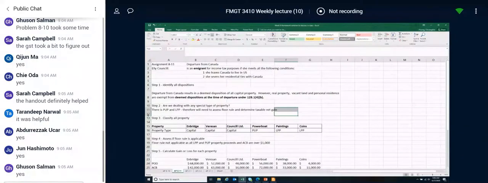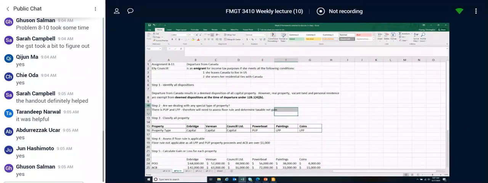The key thing, and we mentioned this in class, is that if you are leaving Canada, real property is exempt from the deemed disposal rules. The reason is that Canada has a whole regime regarding real property. If you're a non-resident and you sell real property in Canada, you have to go through what we call a Section 116 process.